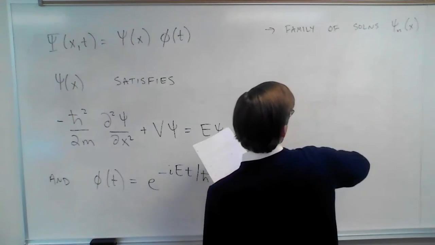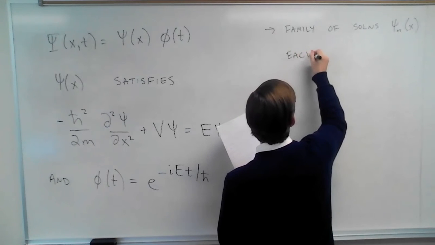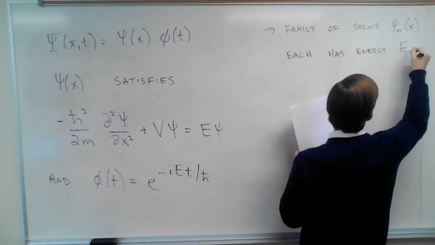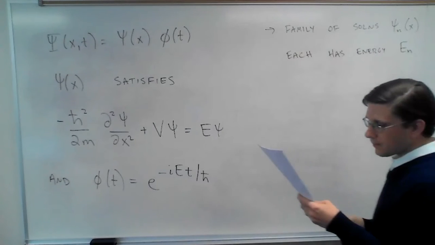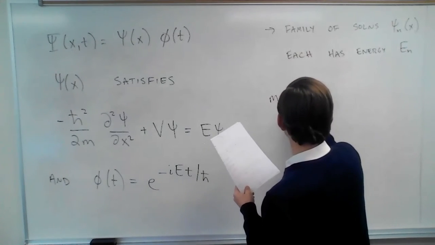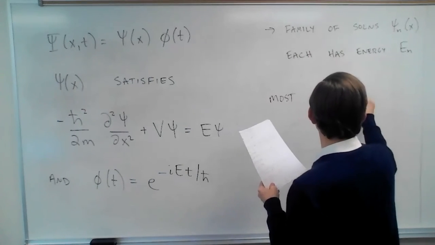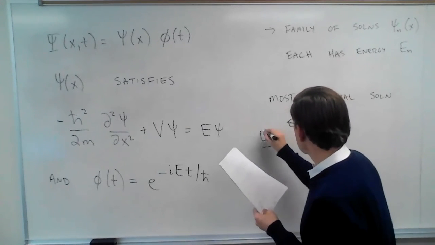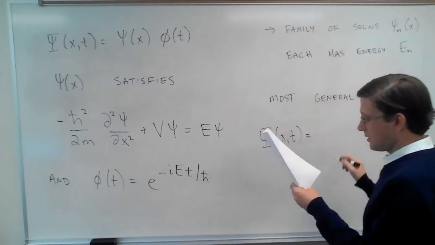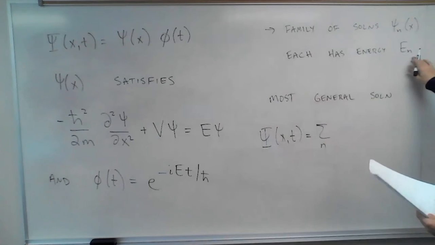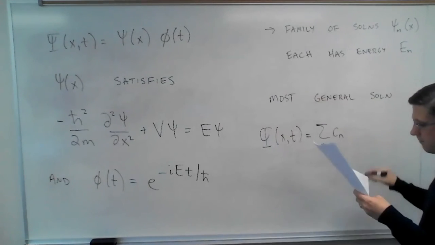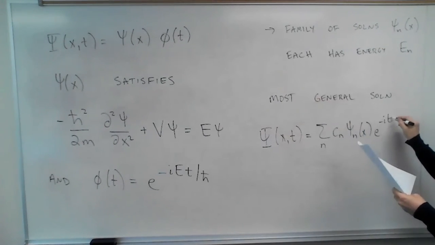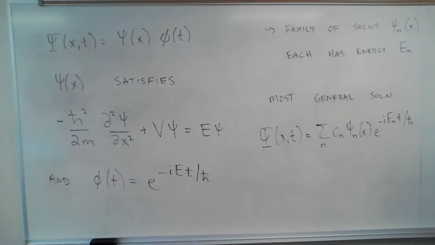Each psi sub n has an energy E sub n associated with it, and then if we put it all together, our most general solution to our full Schrodinger equation, we can write as capital psi of x and t equal to a sum over this index n of some coefficient c sub n times psi sub n of x times e to the minus i E sub n t over h bar.